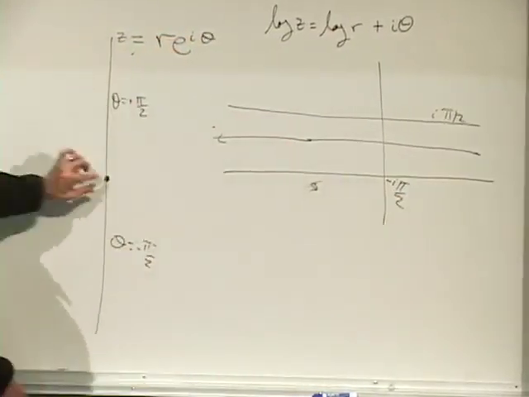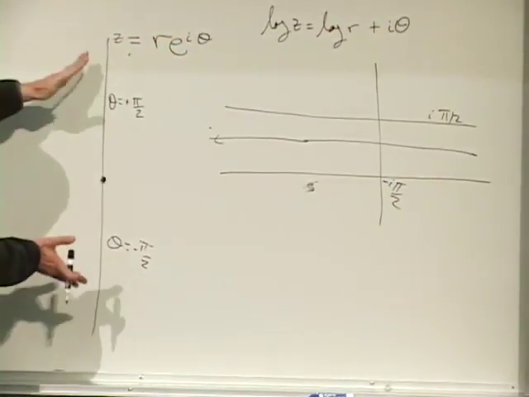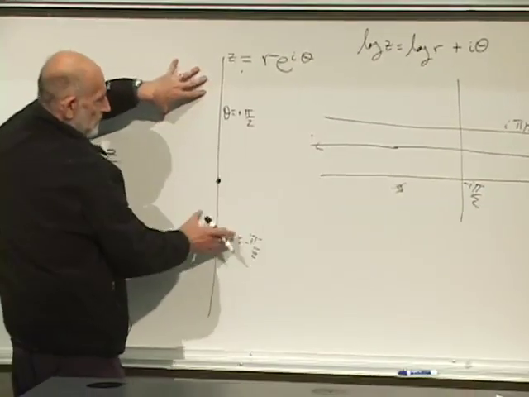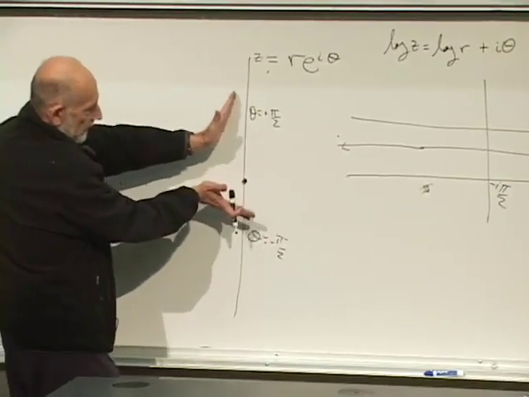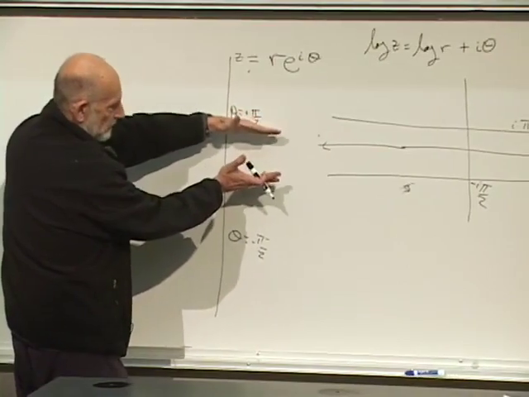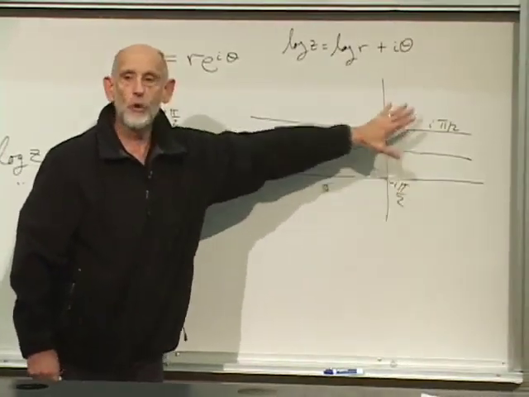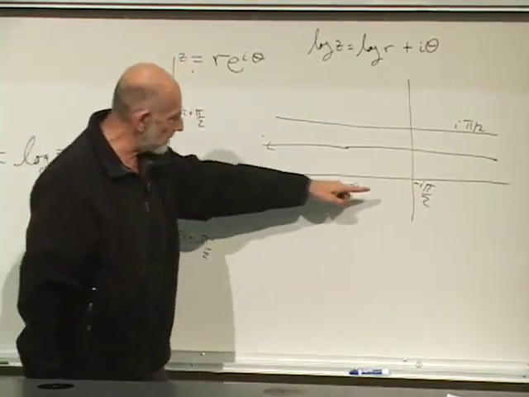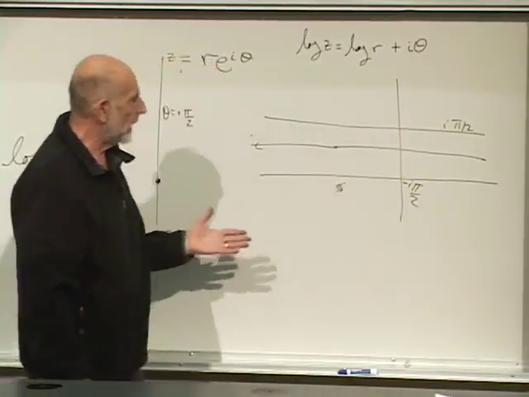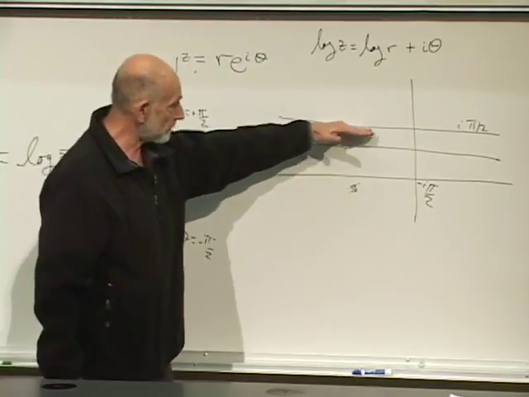The origin being way out here. So what we've done is we've taken this whole space and we've kind of bent the axes and squashed the whole space on a narrow ribbon. The ribbon between minus I pi over 2 and plus I pi over 2.